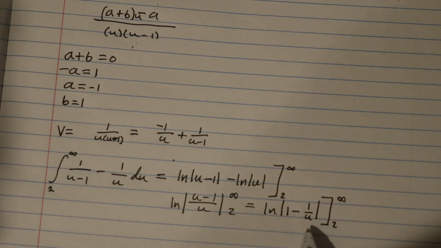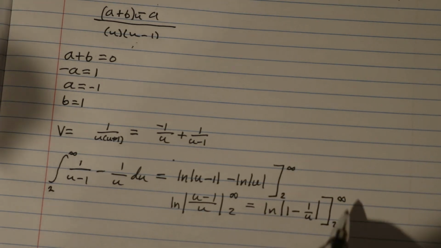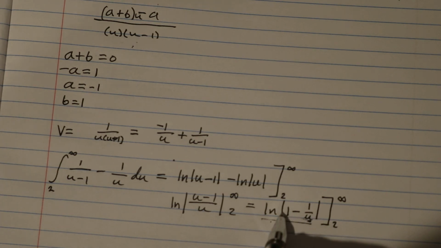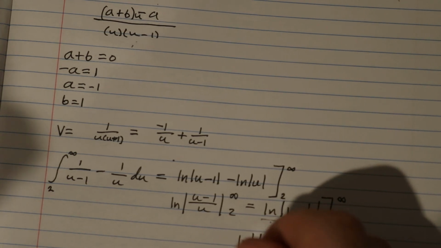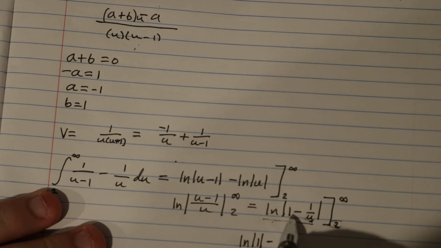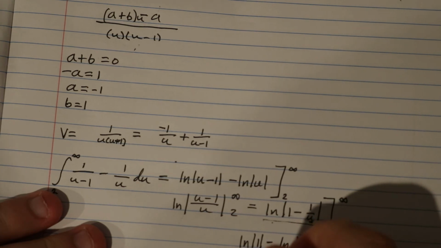And now we can plug these in, and what we get is fairly interesting. As u tends to infinity, the fractional part here is going to tend to 0, because any constant over infinity will equal 0. So that converges to the natural log of 1. We get the natural log of 1, take away, as we put 2 in, the natural log of 1 minus a half, so the natural log of a half.